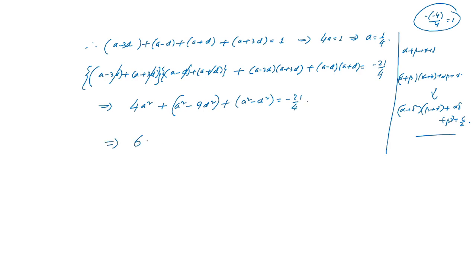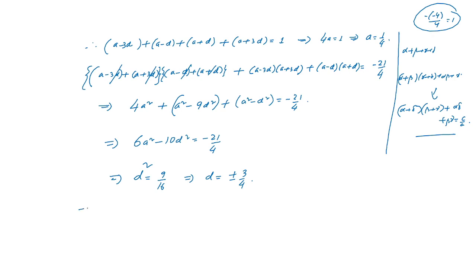So what you will get? 6a square minus 10d square equals minus 21 by 4. We just put the value of a here. a is 1 by 4. So from that you will solve, d square will be 9 by 16, and your d will be plus minus 3 by 4.